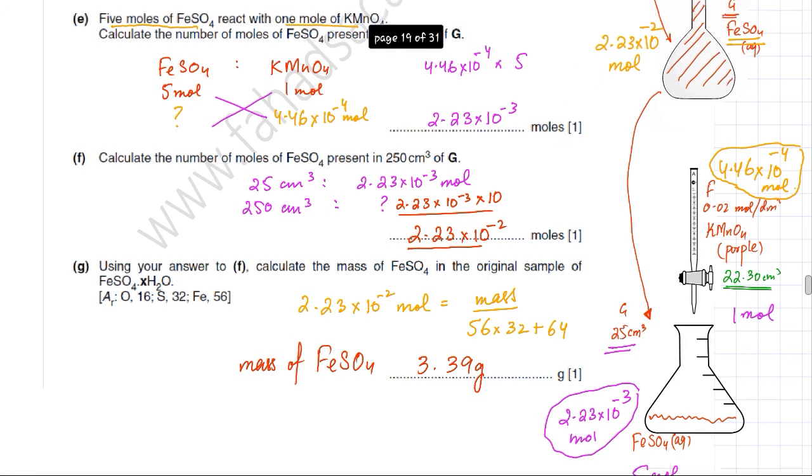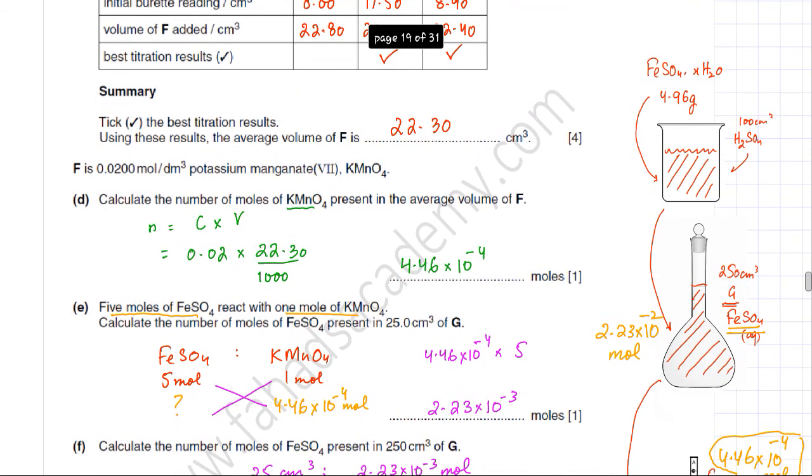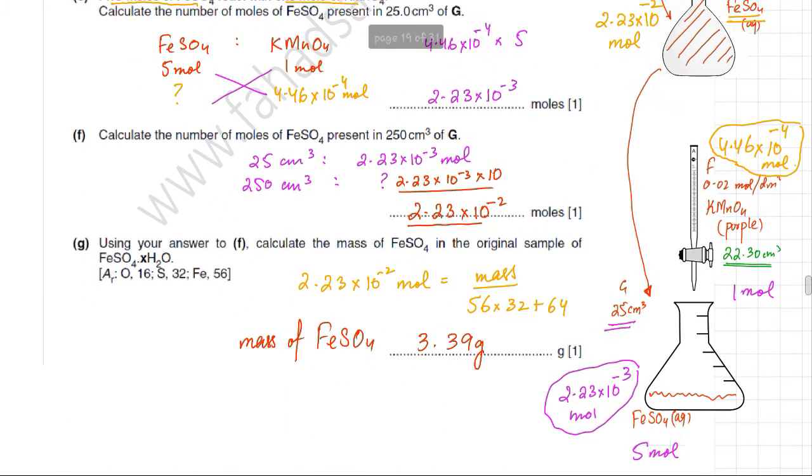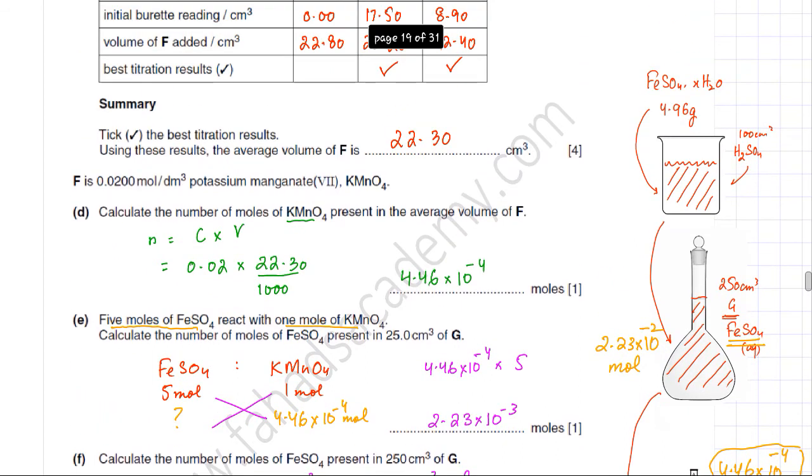So going back to our sketch, originally we took a sample that had a mass of 4.96 grams. So including the water, the salt had a mass of 4.96 grams, which basically means that the FeSO4, according to our calculation, is coming out to be 3.39 grams.